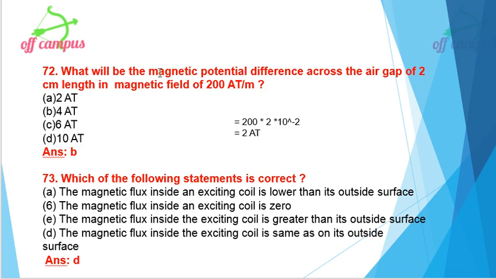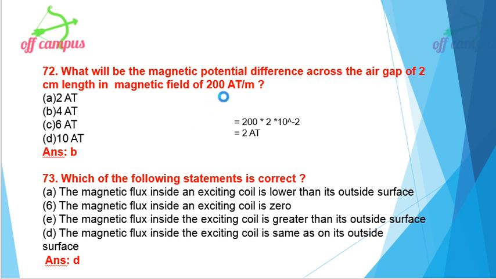Then what will be the magnetic potential difference across the air gap of 2 centimeter length in a magnetic field of 200 ampere turns per meter? We need to find the magnetic potential difference across the air gap.